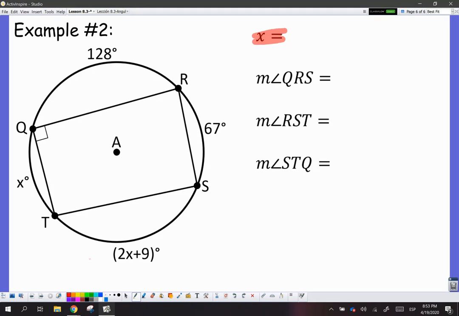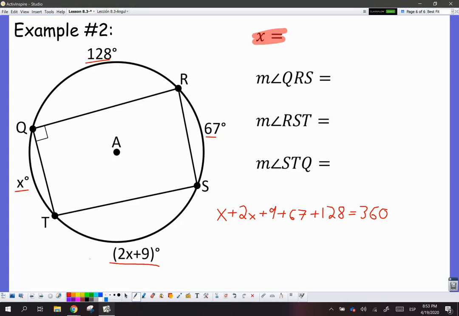So let's try that. I'm going to start with x over here, and I'm going to add everything else. So I have x plus 2x plus 9, which comes from over here, plus 67, plus 128. And all of these add up to 360 degrees.